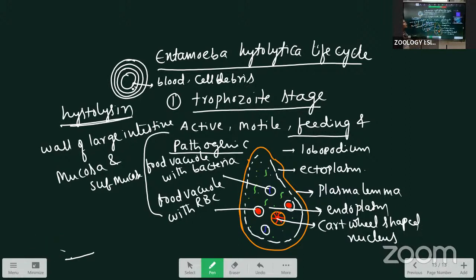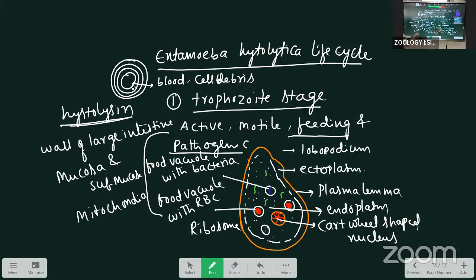This is about the trophozoite stage. Inside the endoplasm, only ribosomes are present; mitochondria are absent. That's why it is an obligatory anaerobe, meaning anaerobic respiration occurs in this one.